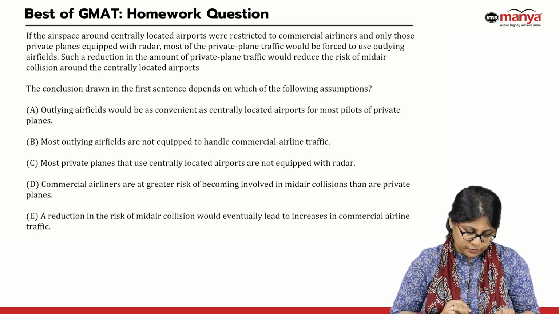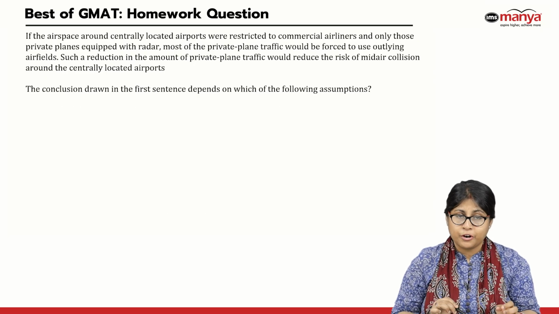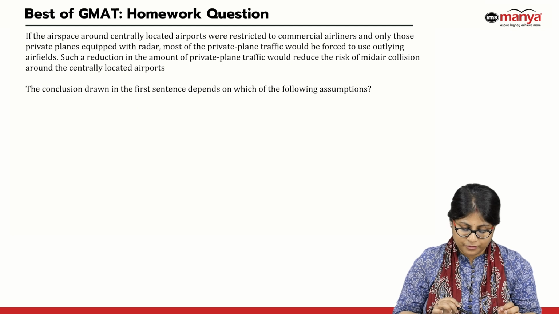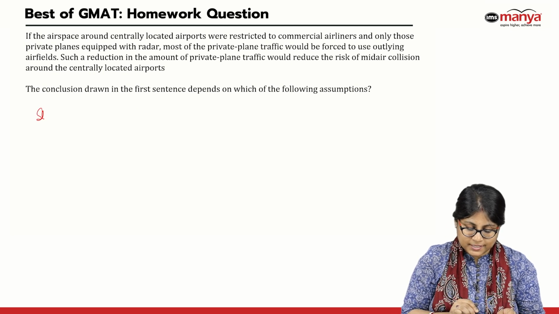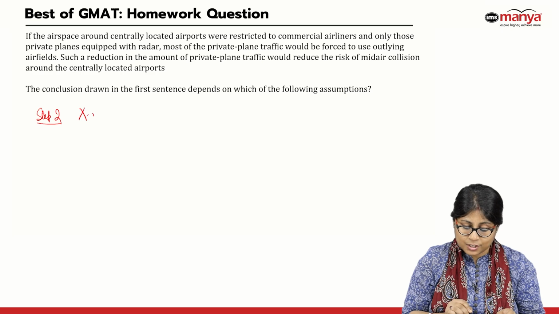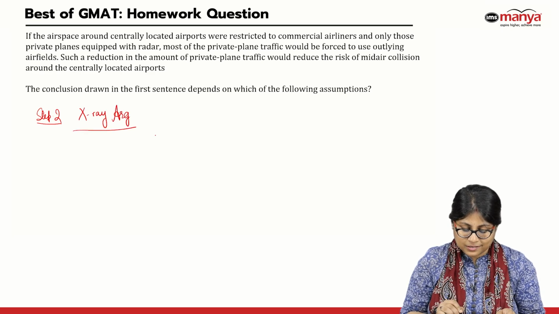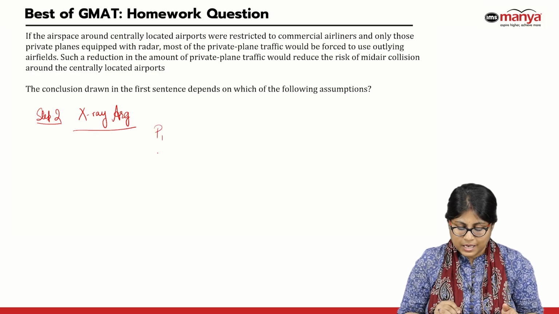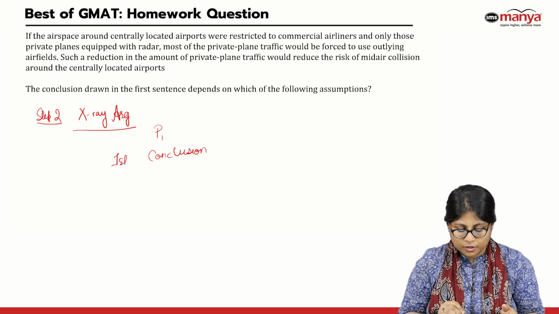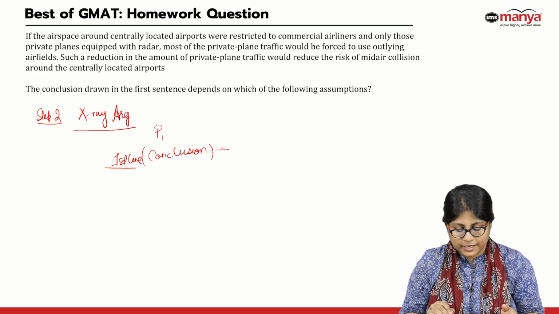Now that we know what our task is, let's read the paragraph and perform our step number 2, that is, we X-ray the argument to identify what exactly the premises are and what exactly the conclusion is, here in the first line.